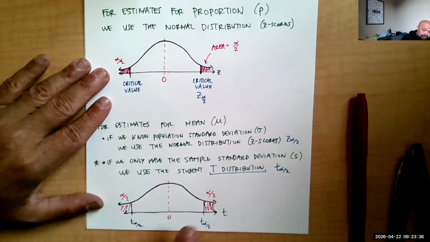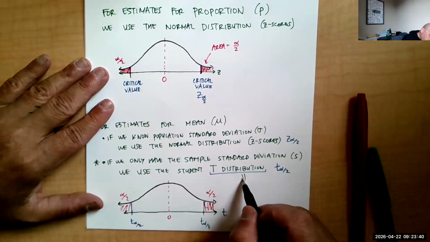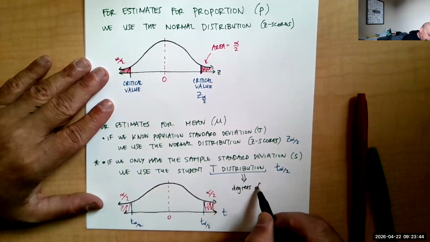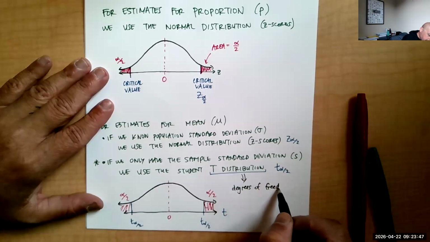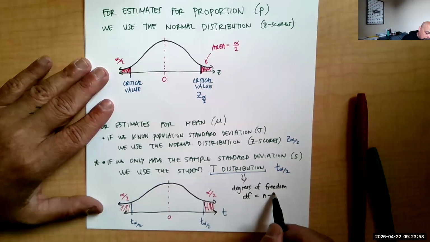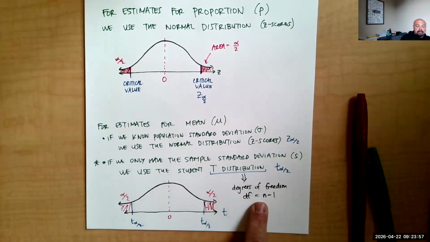Okay, but now with our t distribution, we have to worry about these degrees of freedom, df for short, which depends on our sample size. Is this n minus 1? So depending on how big of a sample we have, right? We have 30 students that we've surveyed, right?